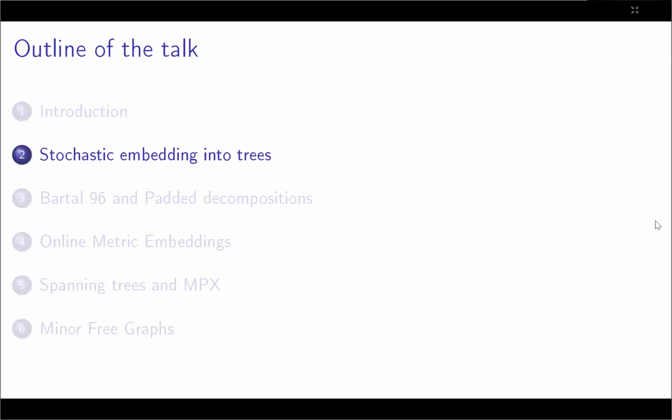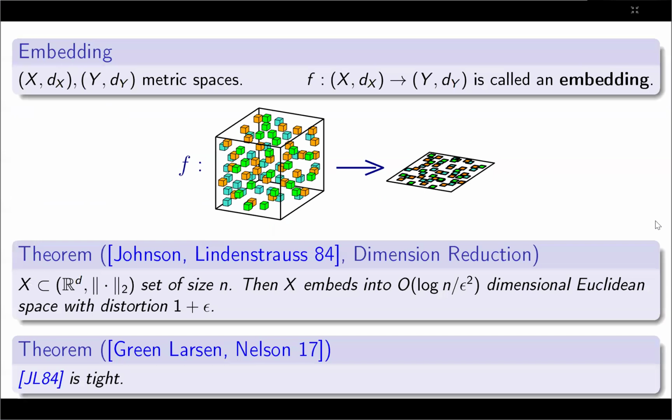So may I ask something? Sure. This Johnson-Lindenstrauss, the original proof of this is randomized, right? You take a random projection. Is it known how to do it deterministically, and in particular, is it known how to do it in linear time? In linear time, we do know how to do it. You basically just sample a matrix of n columns and log n rows, and you multiply every vector with it.